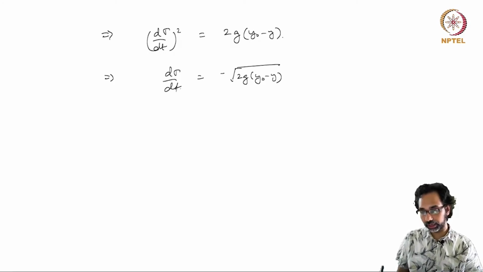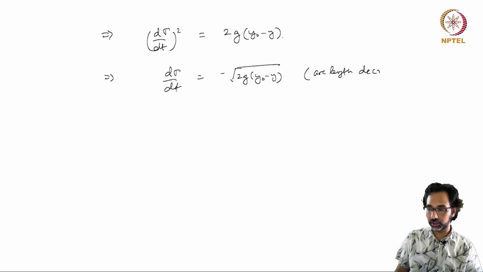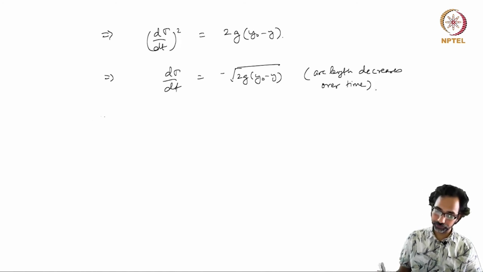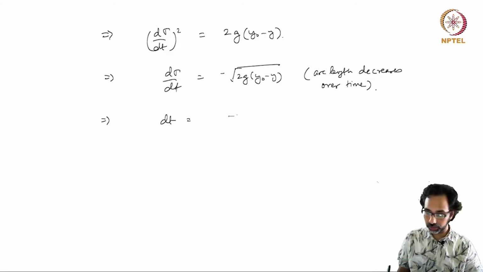We must take a negative sign because the arc length decreases over time.